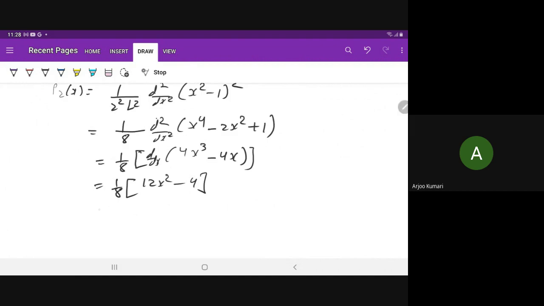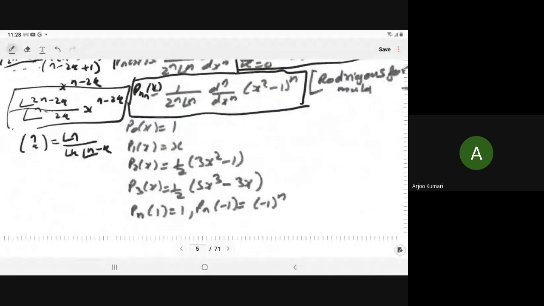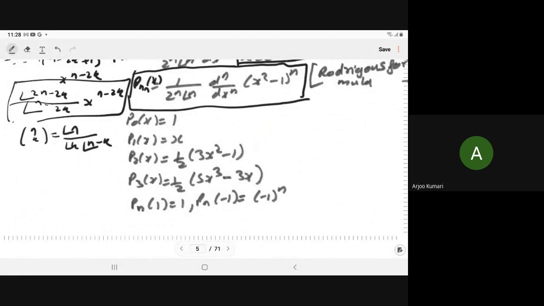and this can be written as (3x^2 - 1)/2. So that is P_2(x). Similarly, you can compute P_3, P_4, P_5, and so on. As per your requirement, you can compute P_0 as 1, P_1(x) as x, right?